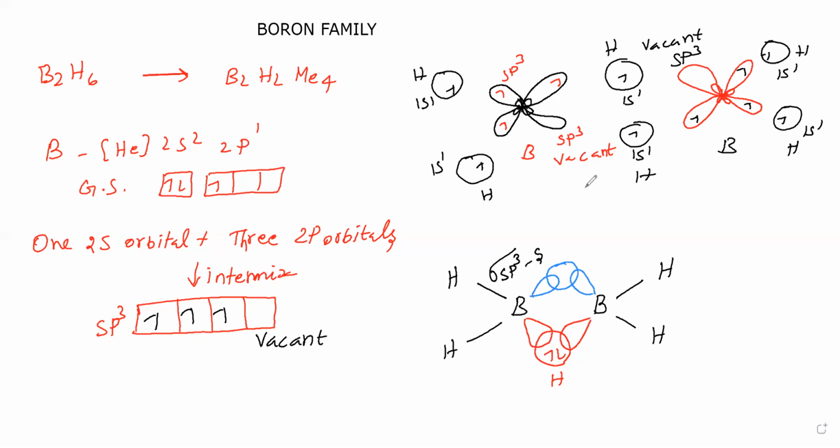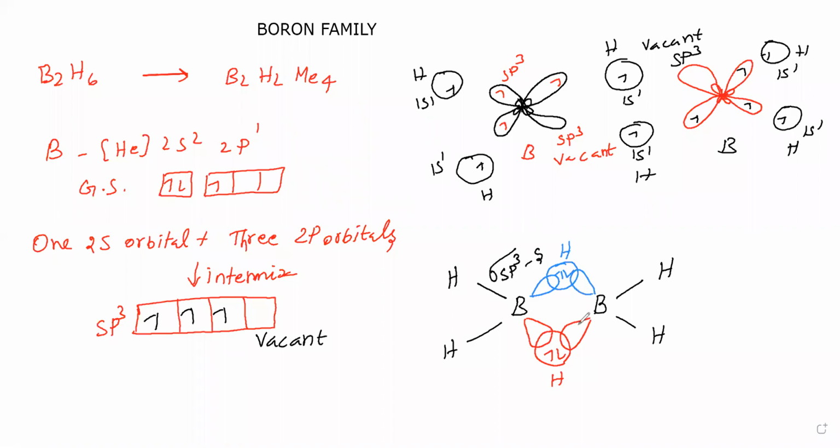Now the number of electrons involved is 2. So in this bond formation, this boron is providing the half-filled sp3 orbital, this boron is providing the vacant sp3 orbital, and hydrogen is providing the half-filled 1s orbital, so now the BHB bond is formed.